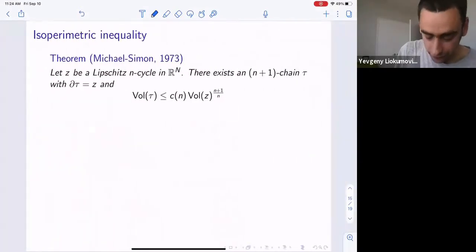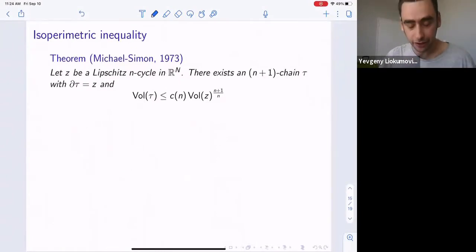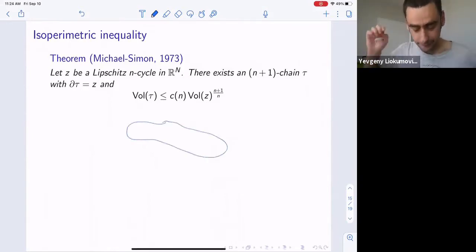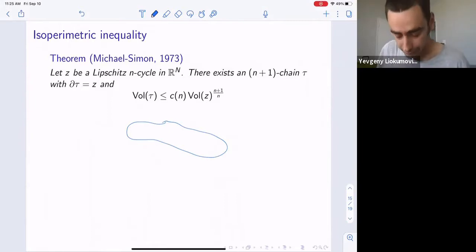So there is a classical isoperimetric inequality like this, which allows us to fill cycles by chains in a way that the size only depends on the dimension of the cycle, not on the dimension of the ambient space.